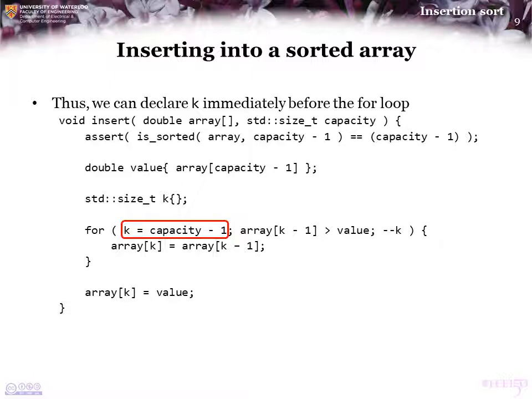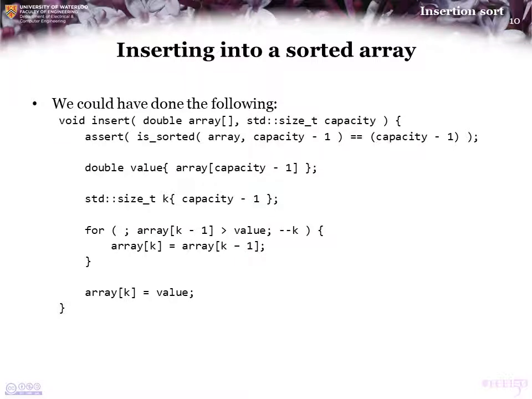However, the positive point here is once the for loop finishes, the variable k and the value it holds will still be in scope. So we can execute that last statement, which assigns array entry k the appropriate value.